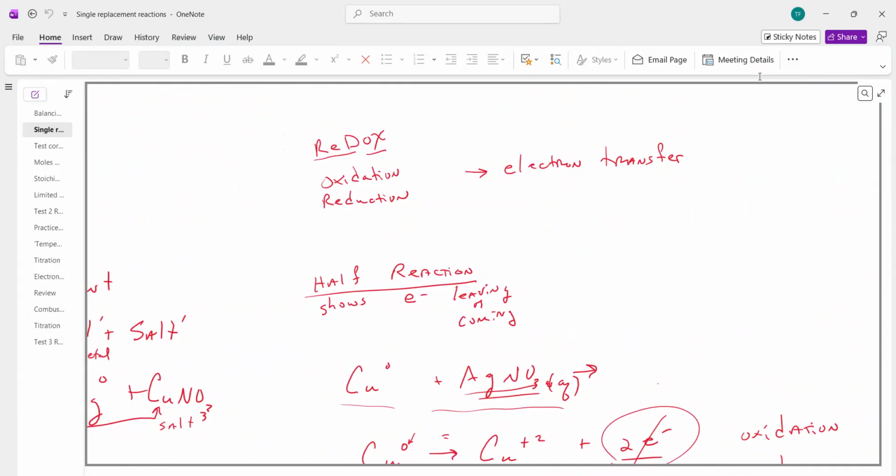The re is for reduction, the OX is for oxidation. Now, in this reaction, electrons are being transferred, moved around from one to the other, usually from the metal to the salt.